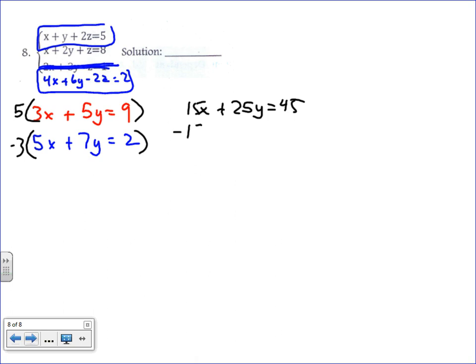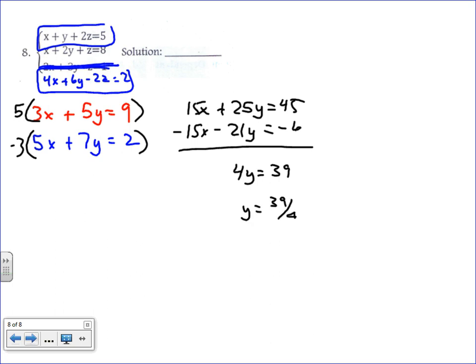Negative 15x cancel 4y. And I don't remember one more that difficult to work.